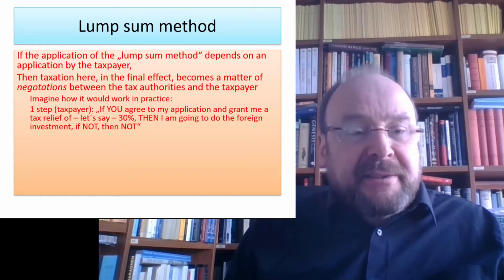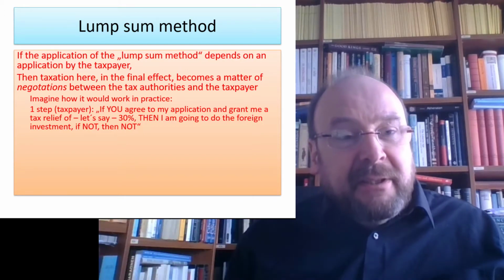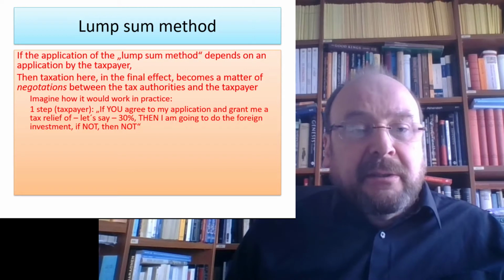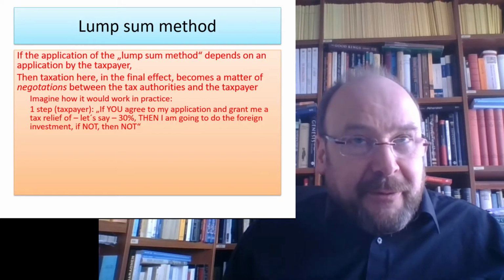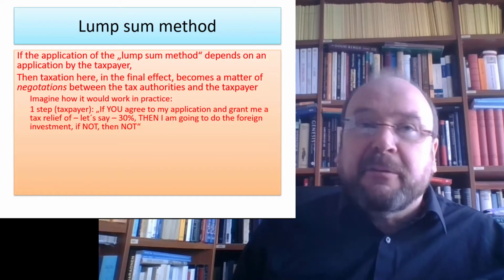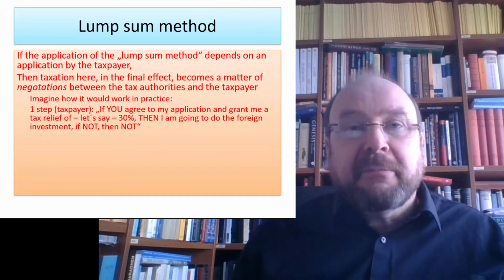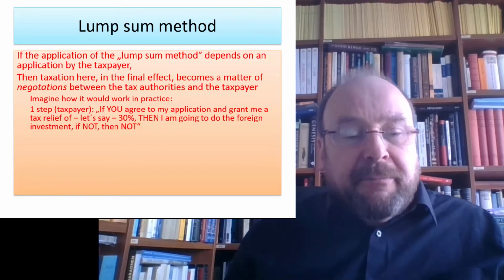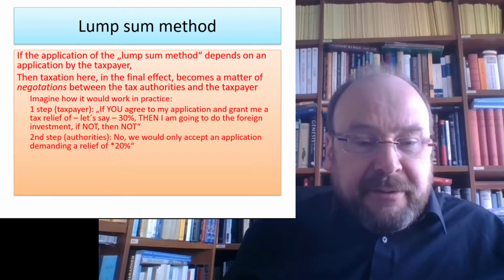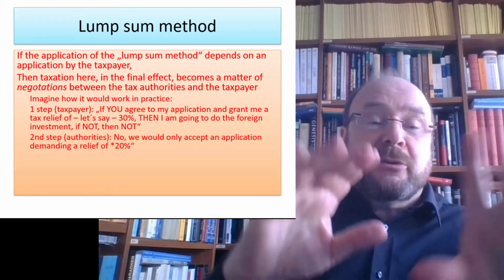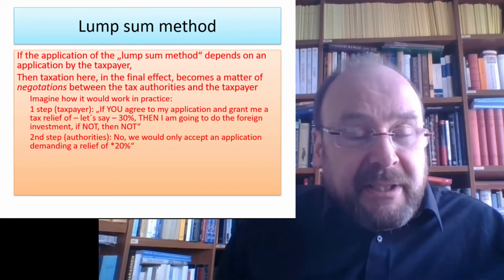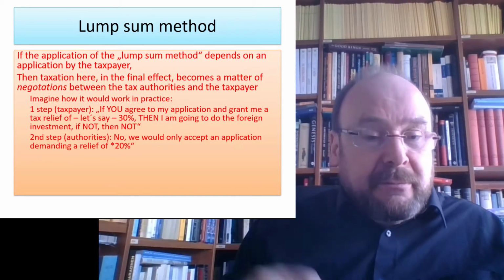So please grant me a reduction that you are going to renounce on 30% out of the 45 so that I only have to pay 15% on the remaining amount. Then probably the reaction of the fiscal authorities will be, no, that's out of the question. No, no. 20% is the highest what we can do.